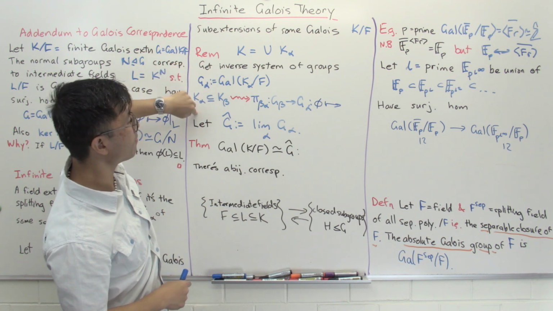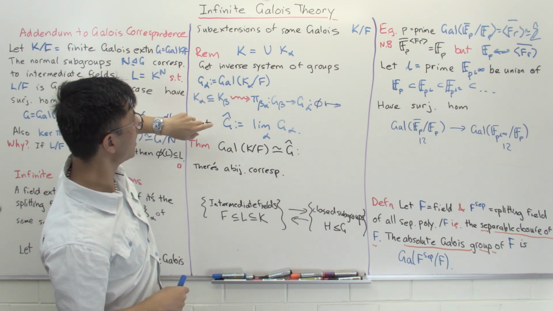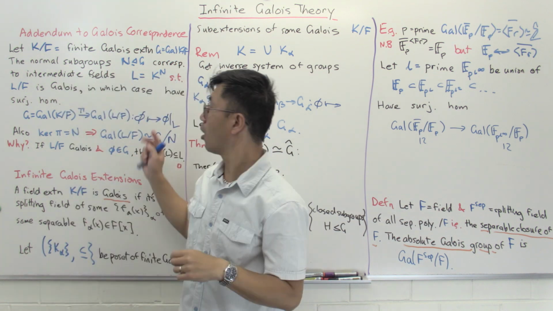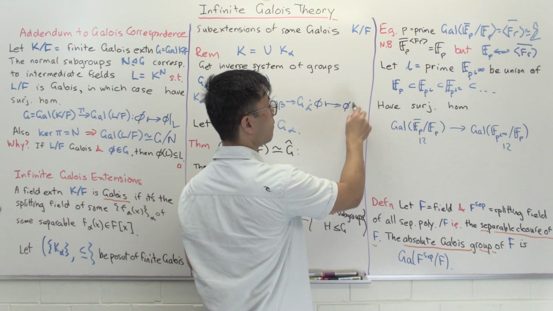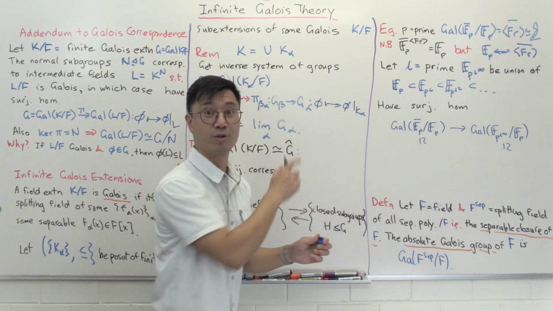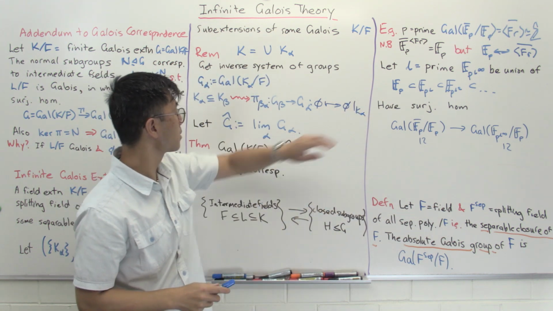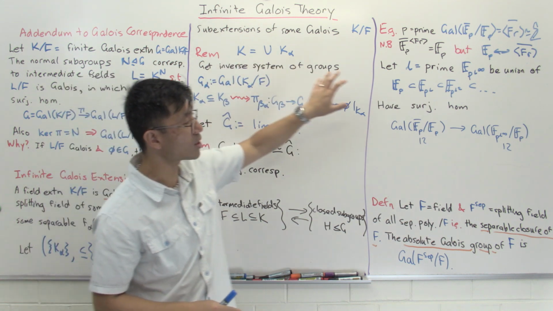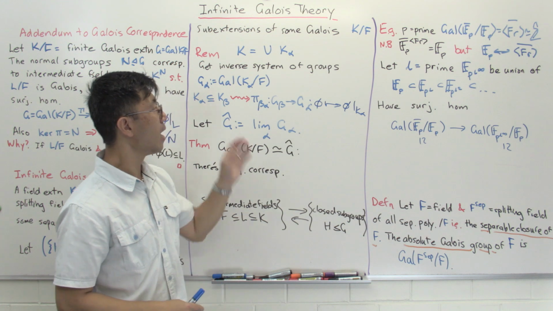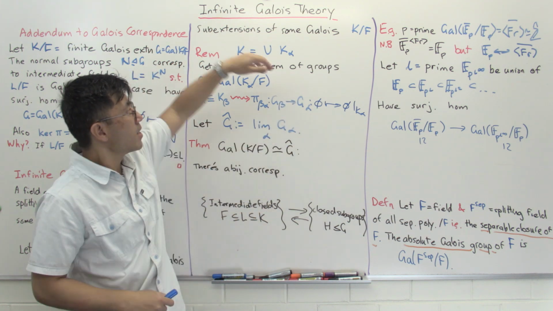Since K alpha over F is Galois, we can use this addendum to get that map. So this is just phi restricted to K alpha.